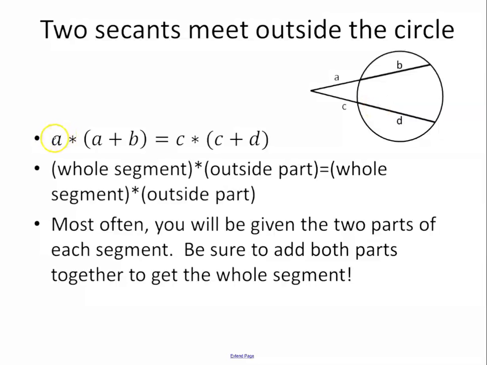So if you take the outside part times, so A times A plus B, which would be the whole thing of this secant, that's going to be the same as if you take C times C plus D, so the outside part times the whole thing of this one.